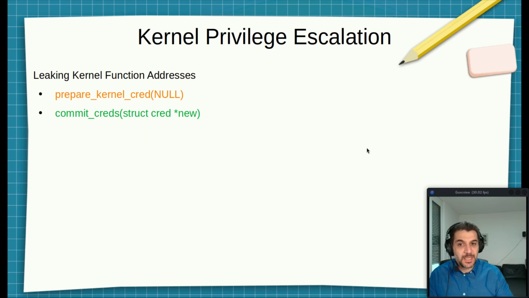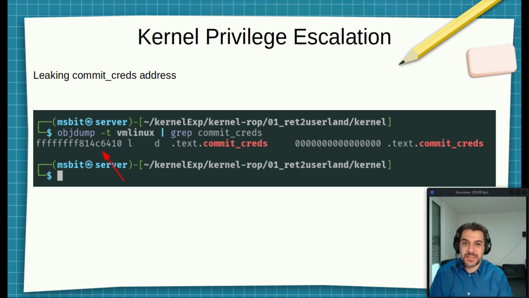Okay, how can we use these two functions? We need to leak their addresses, and there are multiple ways to do that. For example, we can read it from /proc/kallsyms, but that requires root, and we don't have root now. So the second way, we will do that using the objdump command.